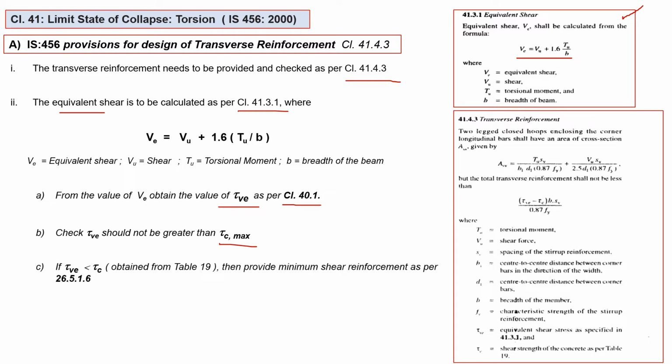Now, the third point is if tau Ve, that is the equivalent shear stress obtained from the equivalent shear by this particular formula, is less than tau c. Now what is tau c? Tau c is the nominal shear stress of the section, which is based on the percentage of area of steel provided as well as the grade of concrete, and we can get the value of tau c from Table number 19 of IS 456.